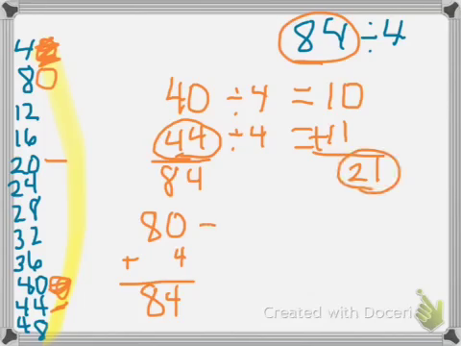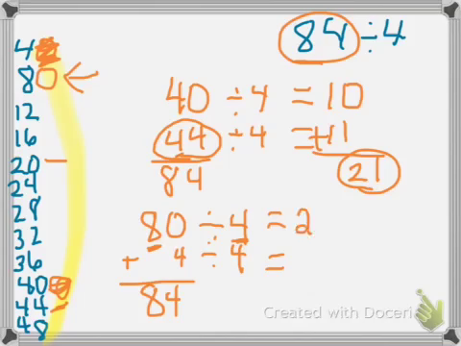Well, let's check this to see if that works as well. So I'm taking 80 divided by 4, and remember I got 80 by adding a 0 to my basic fact of 8. That's something the kids can do if the number is high enough that we need to get a 0 in these. So if I take 80 divided by 4, I'm going to find my basic math fact of 8 divided by 4.